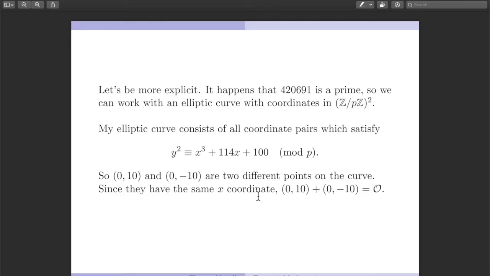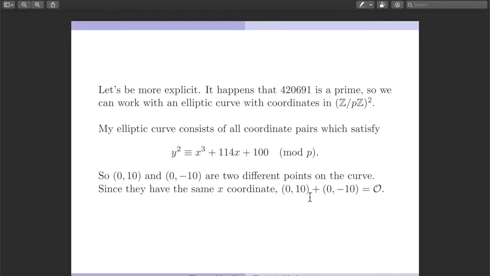And that was our condition for finding the inverse of a point in the elliptic curve group. So because these two points have the same x-coordinate, one plus the other makes the identity element. We would get the point at infinity.